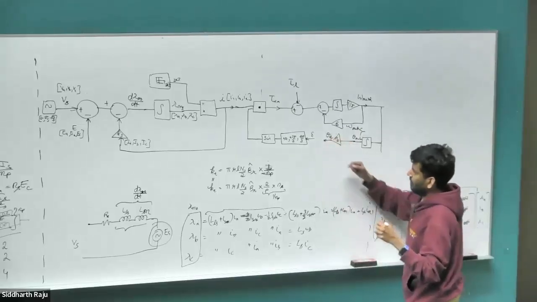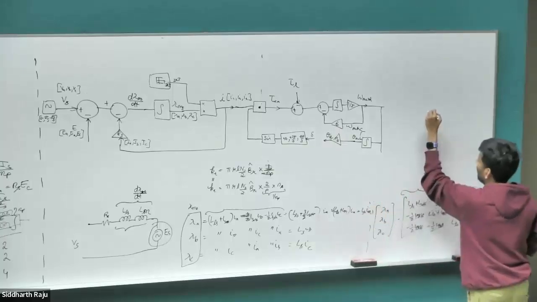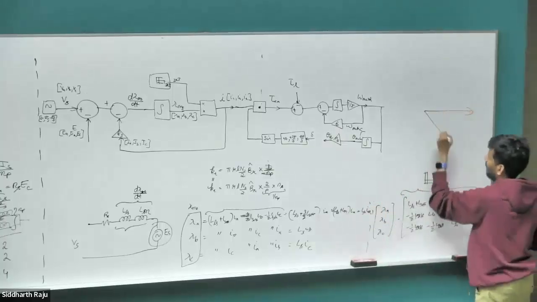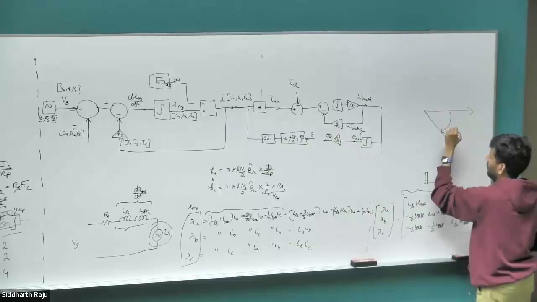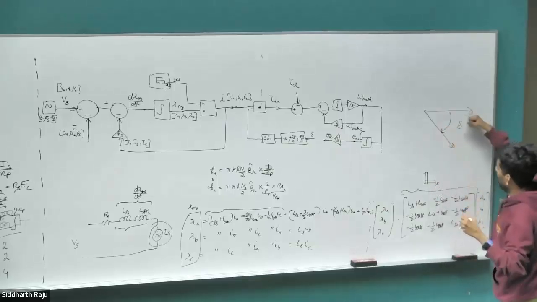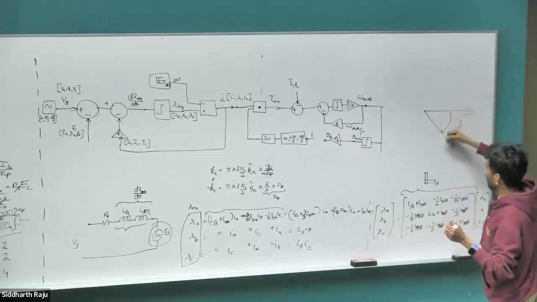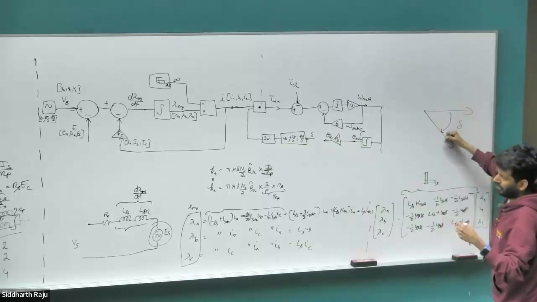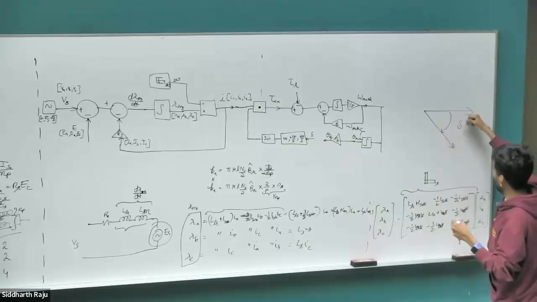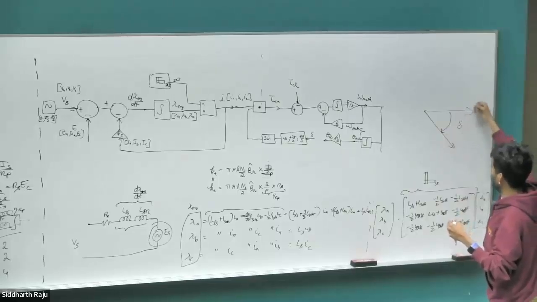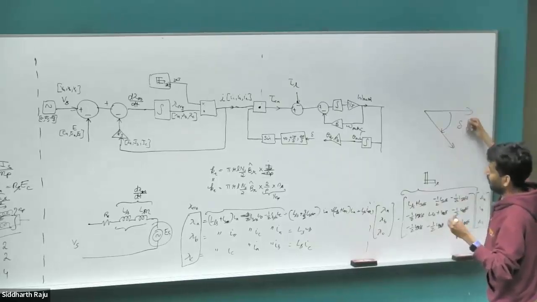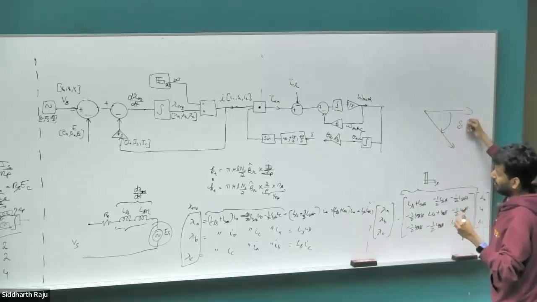But the theta electrical is not the same as delta in our case because of the way we chose our delta. If you go back and look at lecture 25, we chose delta to be in the opposite direction of rotation. We are assuming the space vectors are rotating like this, and we are measuring the angle delta along this, because delta, the load angle, torque angle, power angle are always defined as between the vector that's leading and the vector that's lagging, with the magnitude positive, just by normal convention.